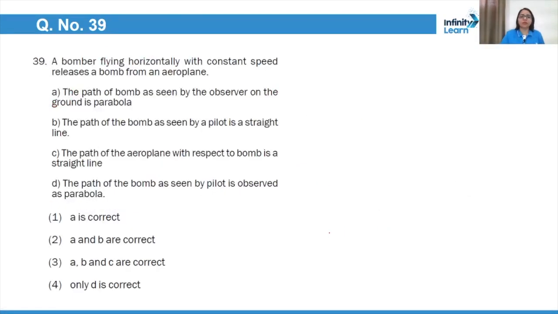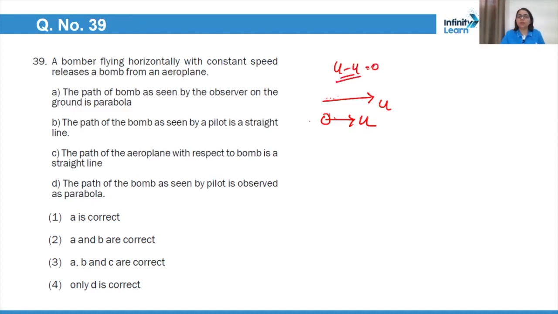Question number 39. A bomber flying horizontally with constant speed releases a bomb from an airplane. So bomber is flying with velocity u. When it releases a bomb, it will gain the velocity of the bomber, which is u only. Since there is no relative velocity, relative velocity of the bomb with respect to bomber, or relative velocity of bomber with respect to bomb is equal to 0, right?